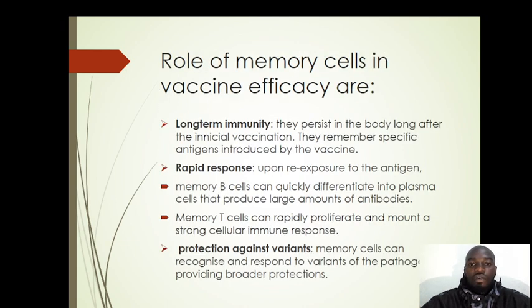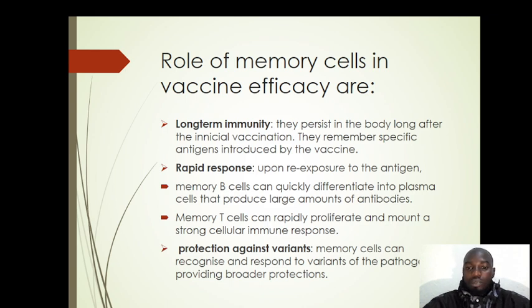The role of memory cells in vaccine efficacy includes long-term immunity. Memory B and T cells persist in the body long after the initial vaccination, and they remember specific antigens introduced by the vaccine.